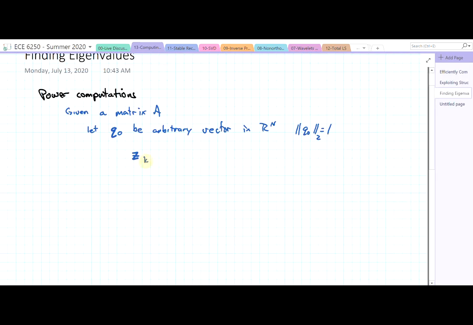Okay, so then we will say zk is equal to A q k minus 1, and then q k will be equal to zk over the norm of zk, so we'll normalize this.